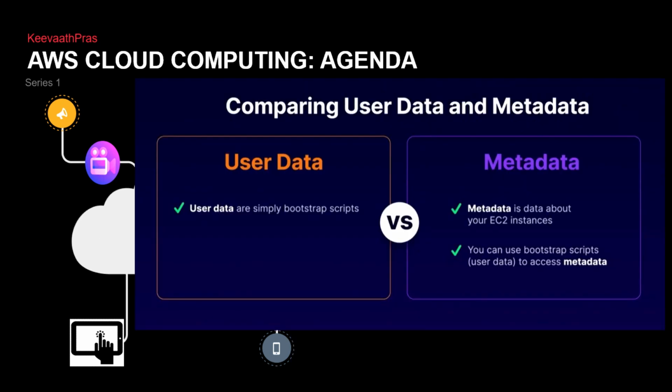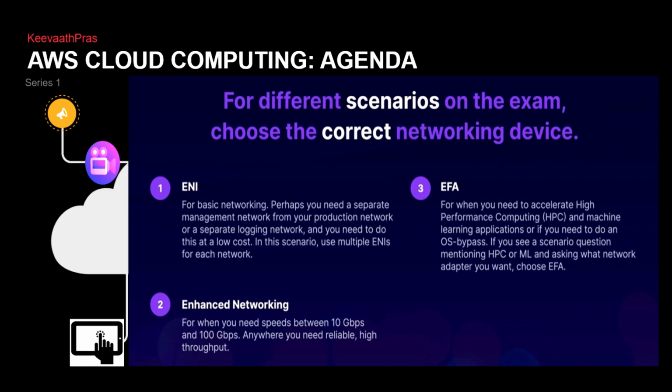We saw about the user data and metadata. A user data is simply a bootstrap. A metadata is data about data, and we saw about the curl command. Okay, you can use a bootstrap script user data to access the metadata. We saw about the networking devices: ENI, enhanced networking.